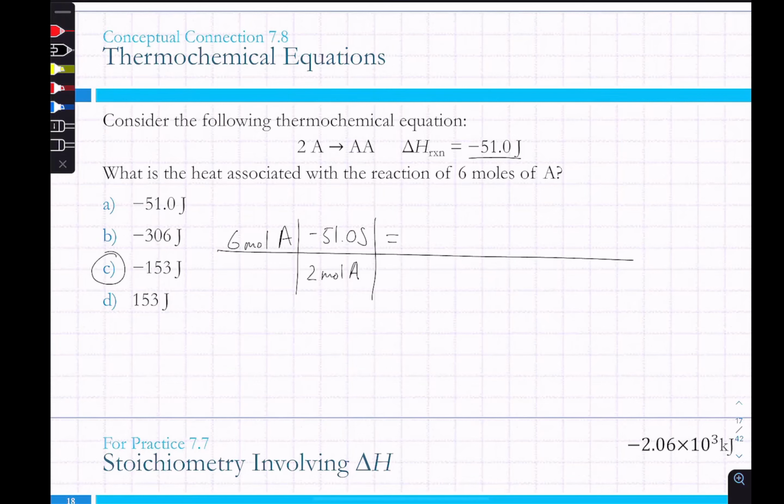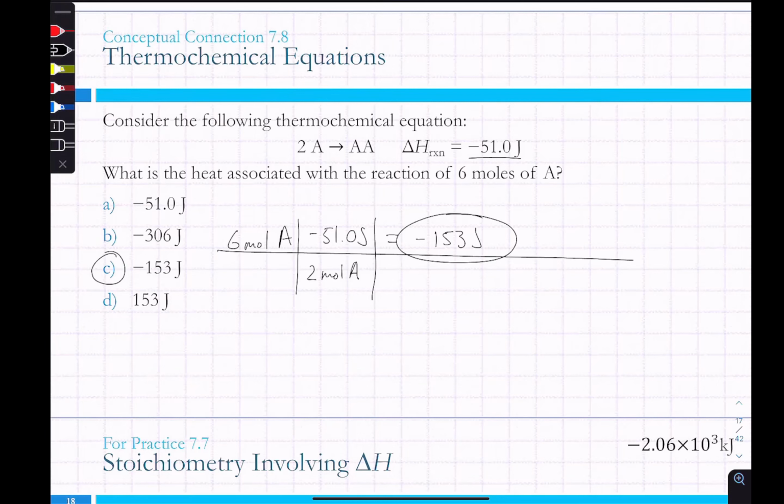That will give us negative 153 joules. And here, technically, 1 sig fig, unless it's exactly 6 moles.